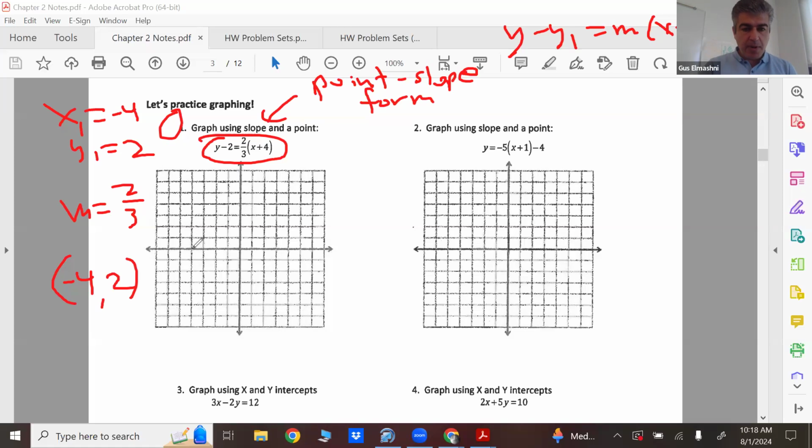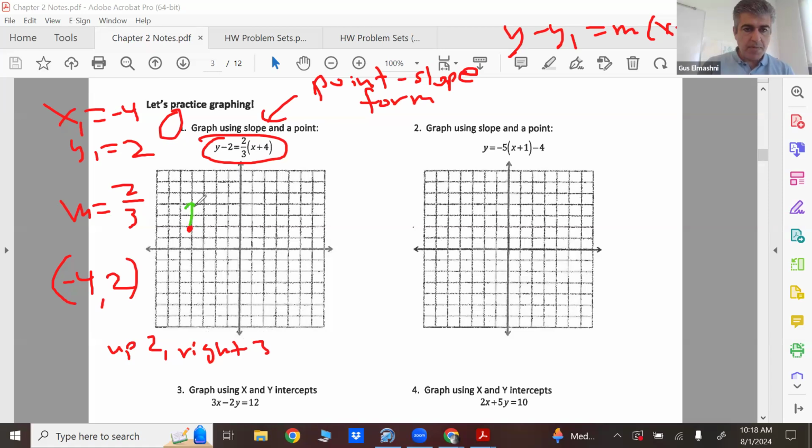So you're going to plot -4, 2, which is right here. I think I did that right. 1, 2, 3, 4, right? And the slope is 2/3. So that means you go up 2, right 3. Right? Because +2 and +3. So we'll go up 2. Let's change colors for a bit of contrast.